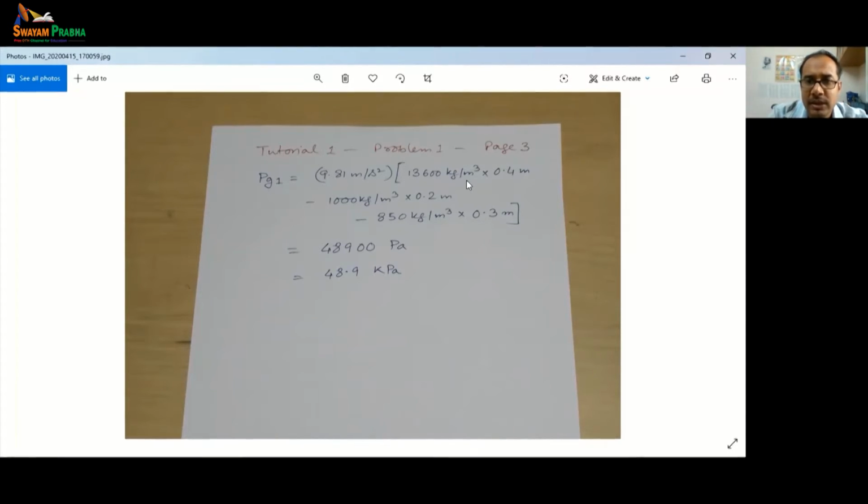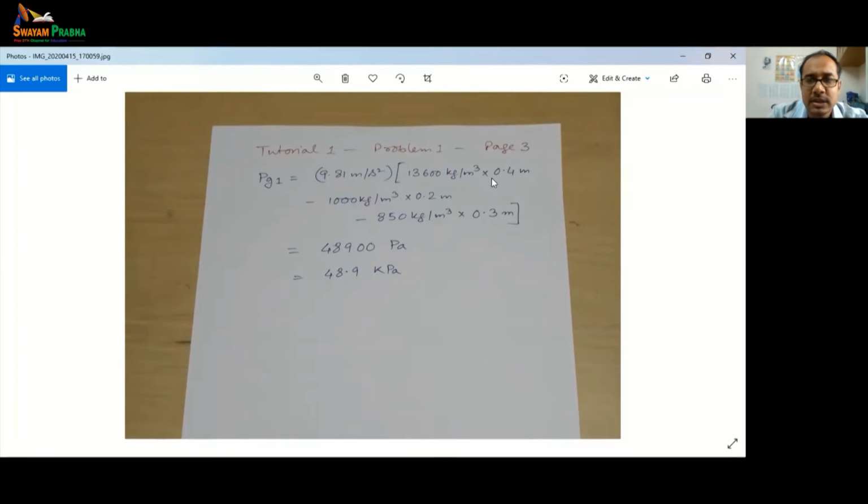Here also, for all the density terms, I did not just write the number. This is a convention I follow all the time, so that if I make any mistake, it will be caught then and there. The units will not match, and you will not have an apple to apple addition or subtraction. Ultimately you can find a mistake by looking at the consistency of the unit system only.